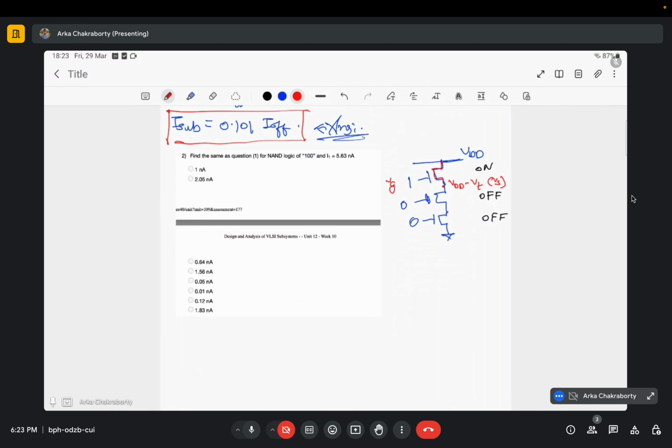We have also seen that if subthreshold current was present, it will charge to VDD, but it will take a lot of time and it will be impractical to talk about it at this stage.